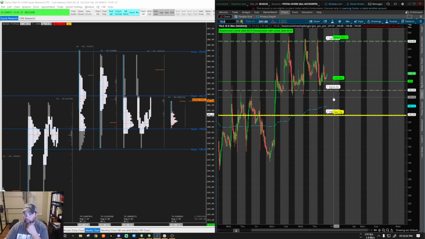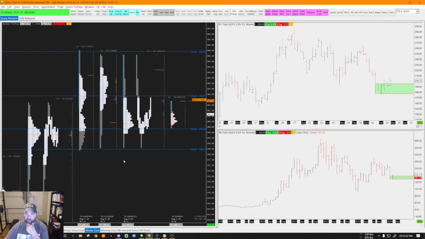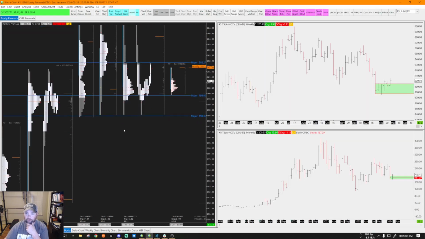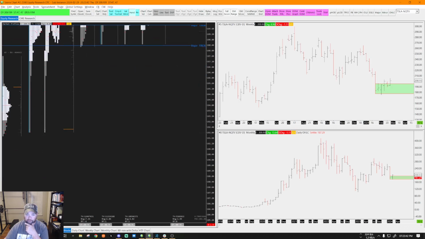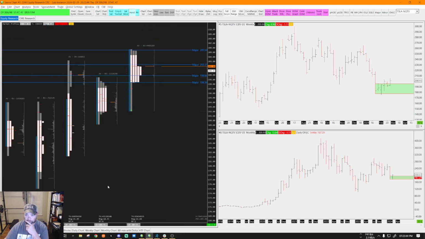And if we can build below this, then look for a move down to this area somewhere. But this would be kind of a liquidation trade, trading down in this area. And then the bottom of balance is 180.